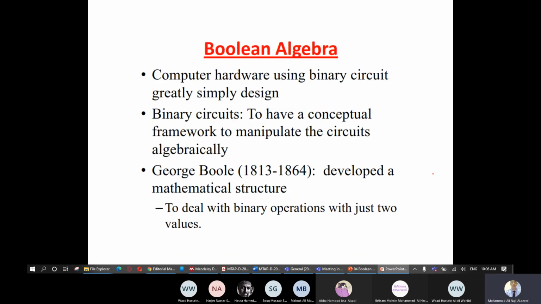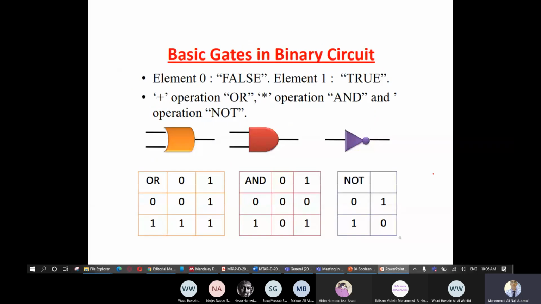Boolean algebra. We've covered most of the parts of the Boolean algebra, but before starting with Boolean algebra, I want to remind you about the main or the basic things that we talked about. In our system, we are going to use the binary system.